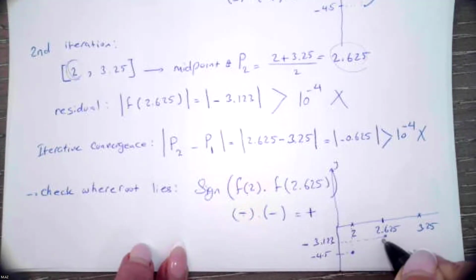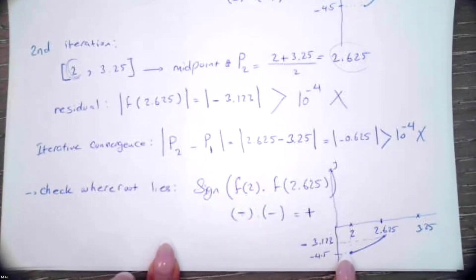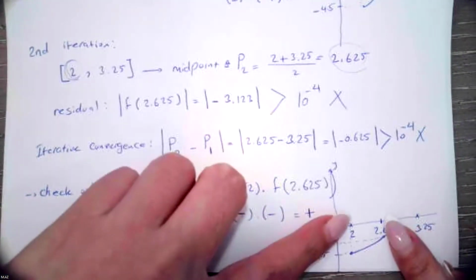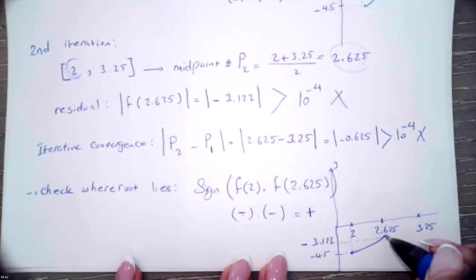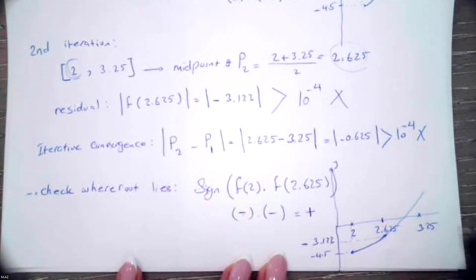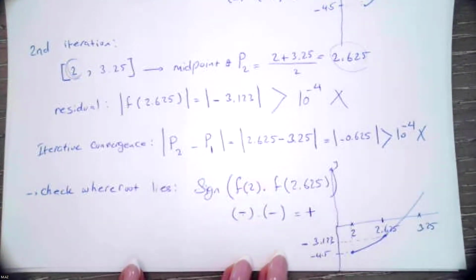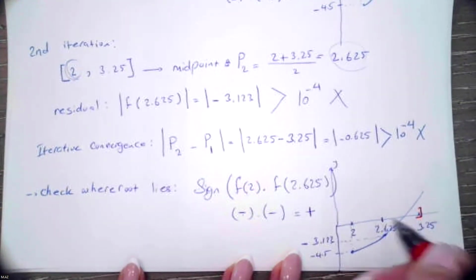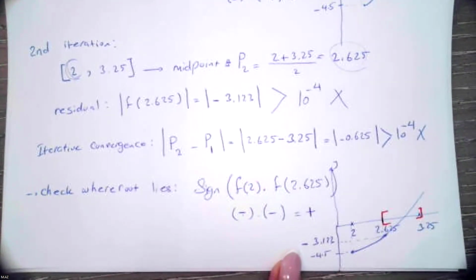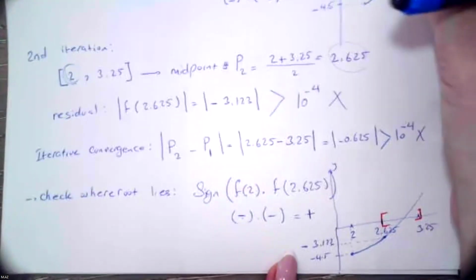If we connect these 2 points together, as you can see, it doesn't cross the x-axis in this interval. But if I continue this graph, the graph will intersect the x-axis in this interval. For this reason, P2 to 3.25 becomes the new interval for the third iteration.